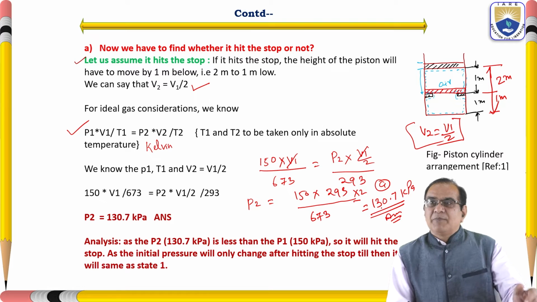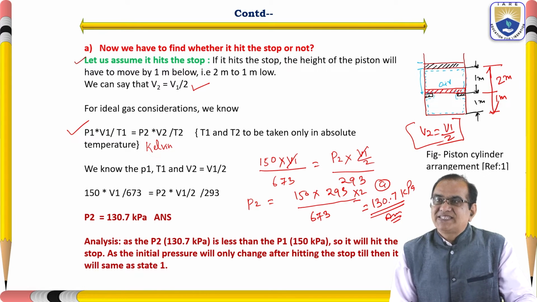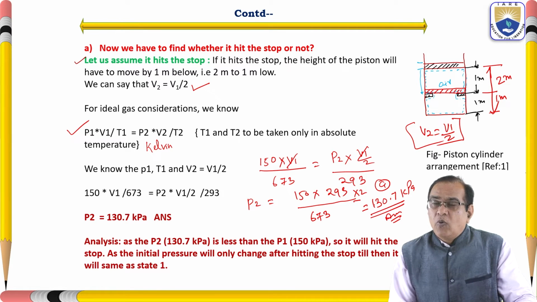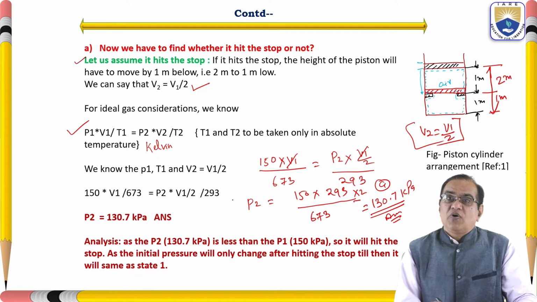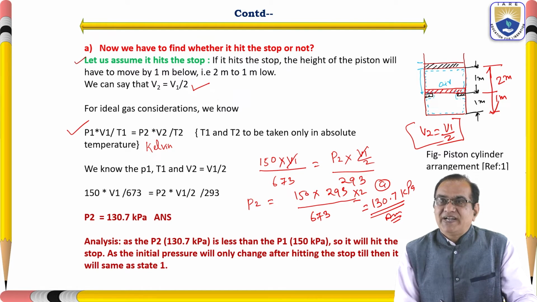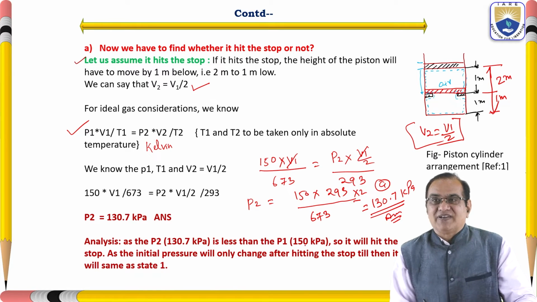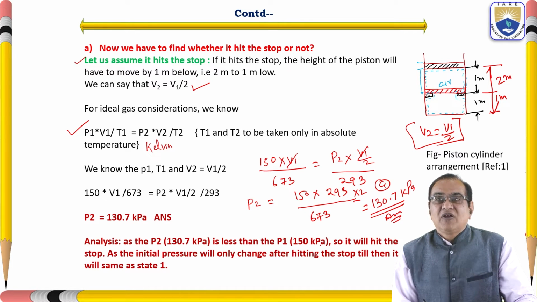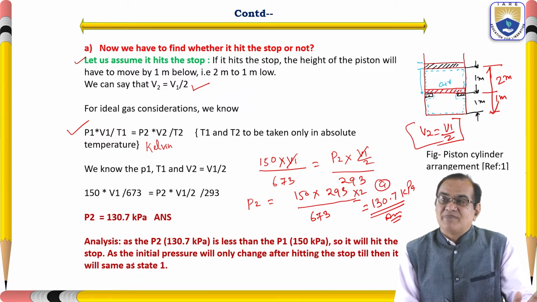So here the pressure is 130.7 kilopascal. This is the pressure at this point. We know that P2, which we got as 130.7 kilopascal, is less than P1, 150 kilopascal, so it will hit the stop.